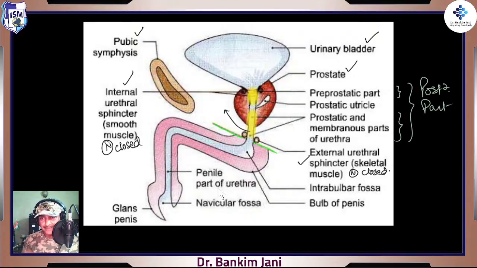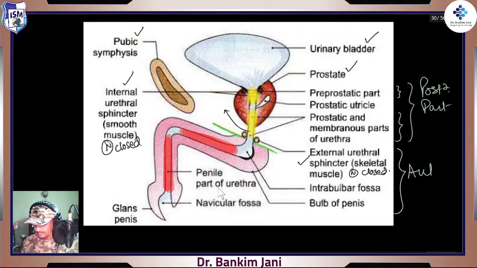Now comes the anterior part, and this anterior part has got two portions. One, this is the intrabulbar fossa, the bulbar part. And this one is the penile part. So that is what would be contributing to the anterior part.